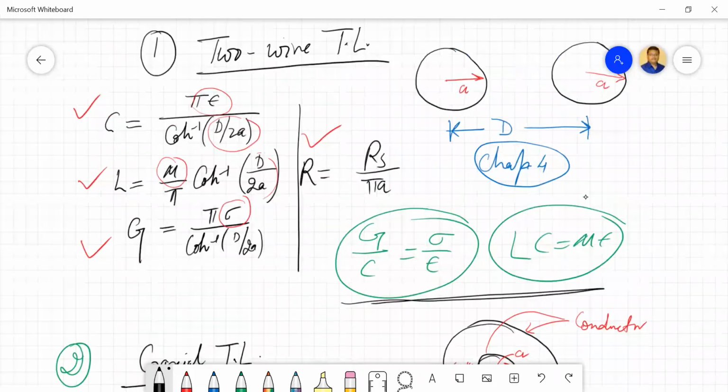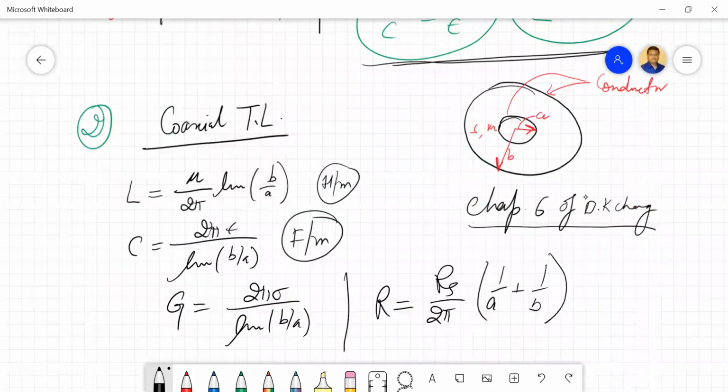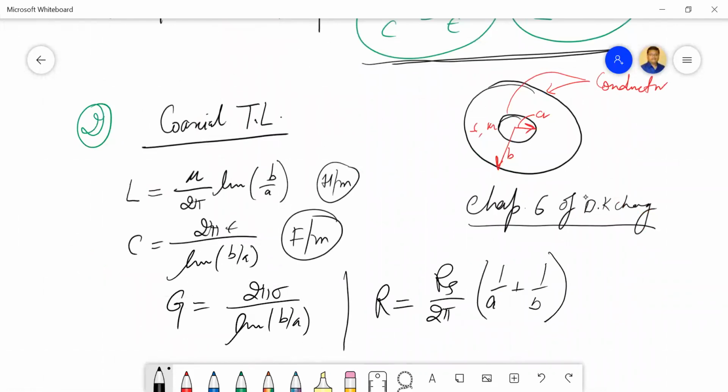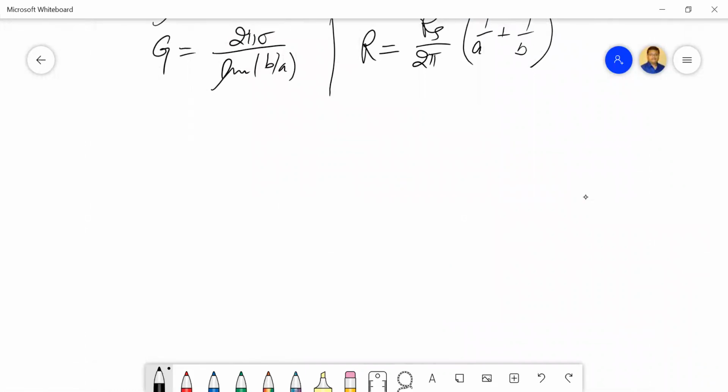So this is all about the two-wire transmission line and the coaxial transmission line. Now let us discuss one important thing: the attenuation constant from power relation.